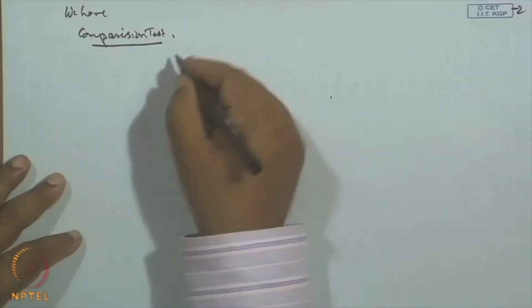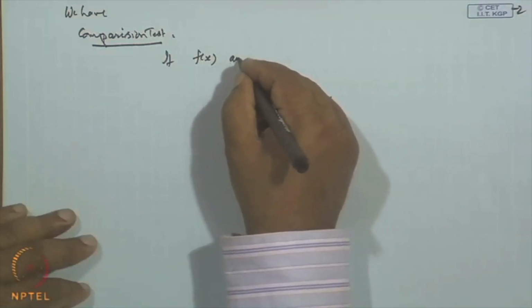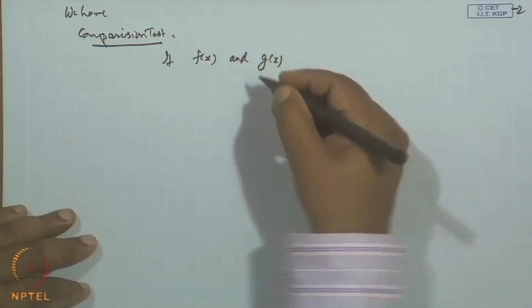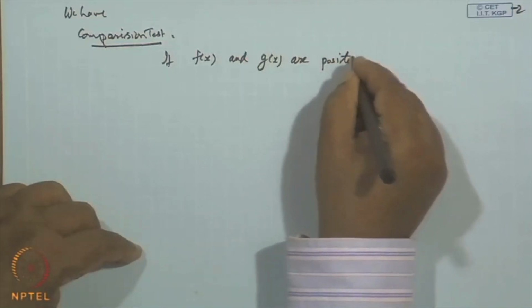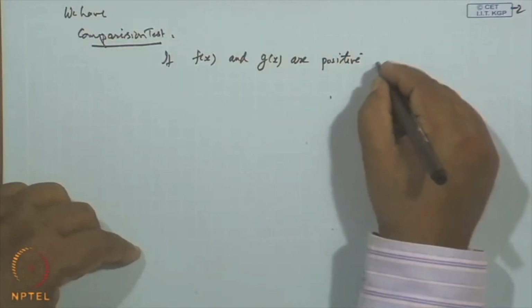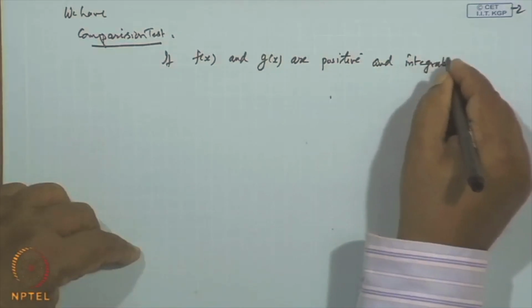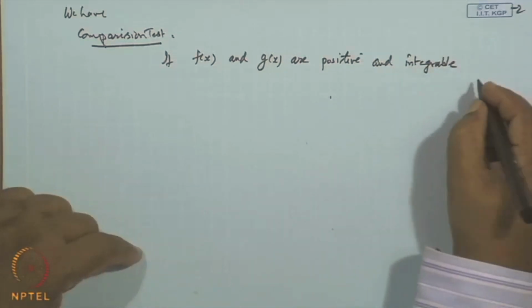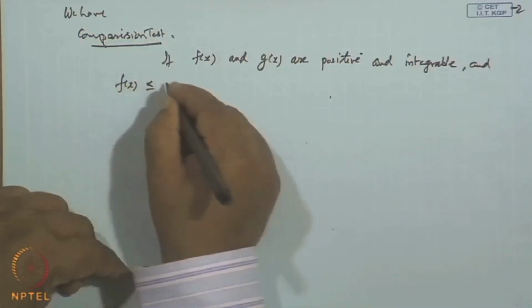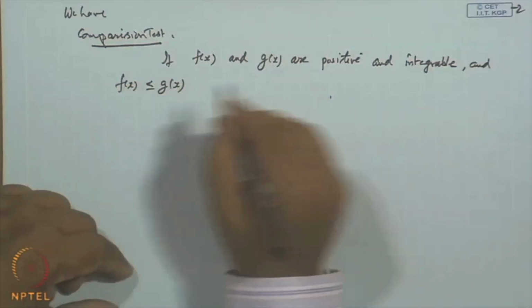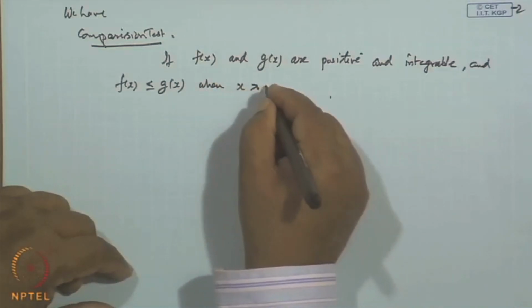What this says is, if f(x) and g(x) are positive and integrable, and f(x) is less than or equal to g(x) throughout the interval when x is greater than a.